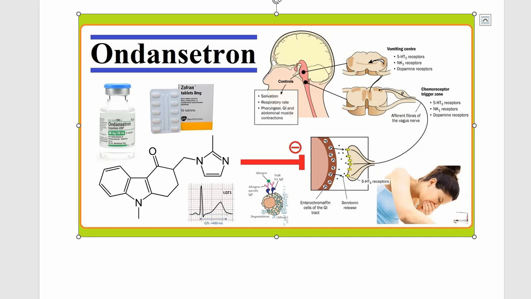Ondansetron is usually taken 30 minutes before the start of chemotherapy to help prevent nausea and vomiting. When you look up the guidelines, they say it's usually effective, especially when it's combined with another drug known as dexamethasone, which we'll probably cover in future episodes.